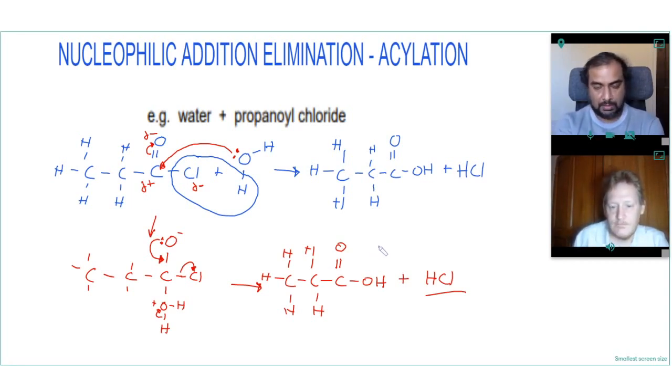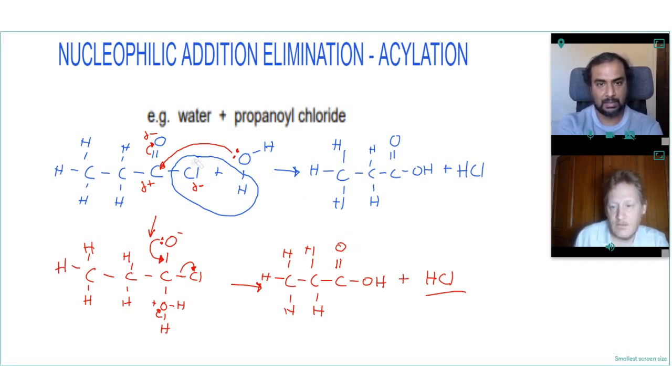Just a few things that I could ask. It's been a while since I did A-level chemistry, but presumably the word nucleophile means it's attracted to the nucleus. So the negative charge on the oxygen atom in the water, the lone pair there.